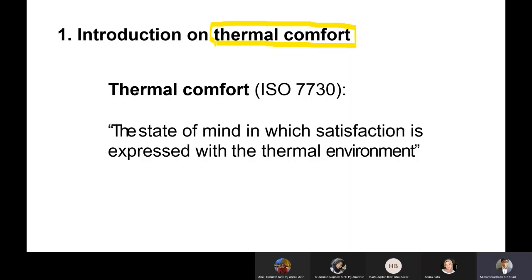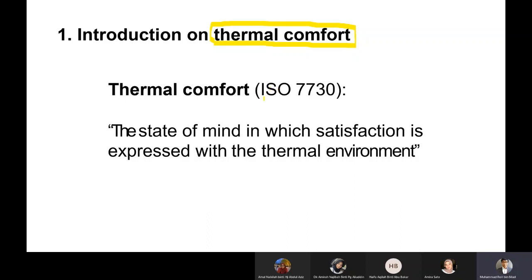Especially in Europe or in Western countries, where they have big gaps between the condition in the summer and in the winter. That's quite important. For us, we face problem with heat. I think tropical heat, high temperature, and high humidity. We'll discuss a bit about those parameters later on.